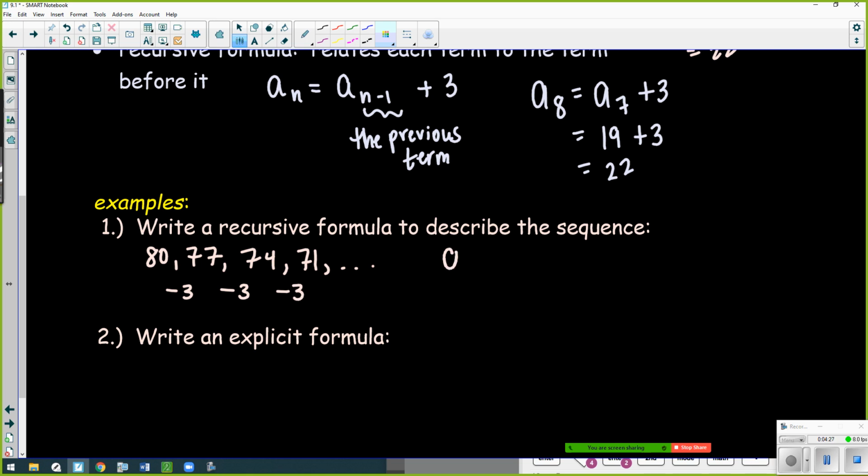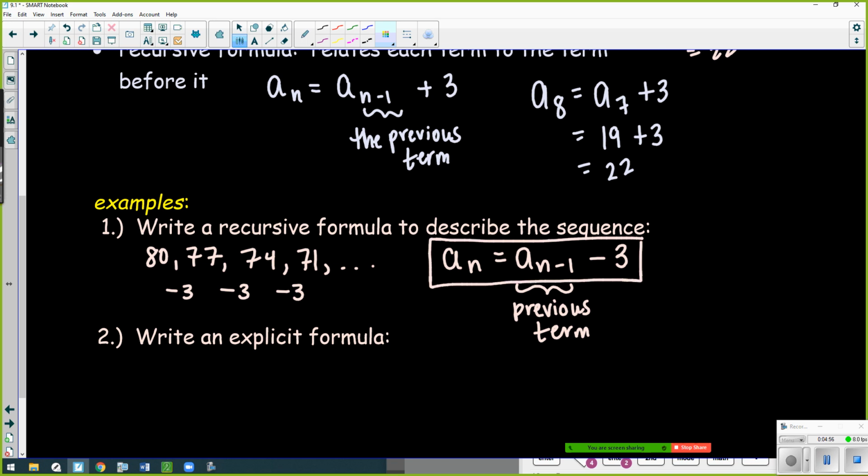So our recursive formula will be a sub n is equal to a sub n minus 1 minus 3. Again, remember, a sub n minus 1 is the previous term, so this is your previous term minus 3. And you're always going to use that notation for a recursive formula: a sub n minus 1, where the n minus 1 is a subscript. Okay, so there's our recursive formula for that given sequence.